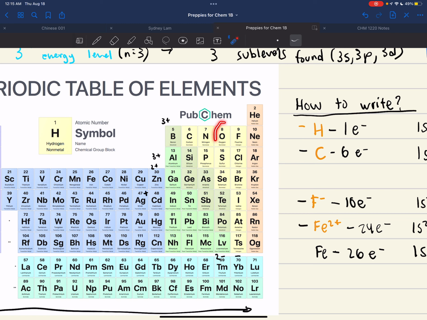For example, oxygen needs to gain 2 electrons since it's in the 2 minus charge category, so there would be 2 more electrons than protons. It has to gain 2 electrons to establish the ideal noble gas electron configuration. So if it's trying to gain electrons, taking electrons from it would be very, very difficult because it's going to want to gain electrons.